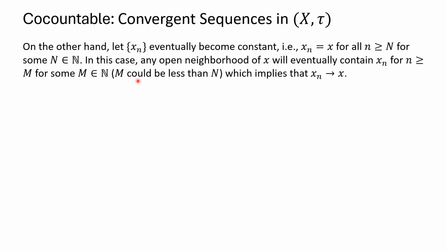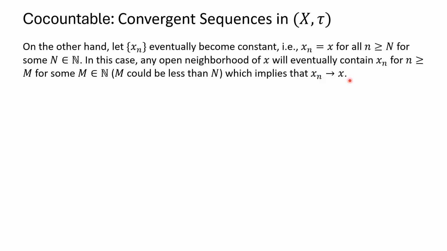On the other hand, if x sub n eventually becomes constant, in other words, x sub n equals x for all n greater than N for some N in the natural numbers, the positive whole numbers, then any neighborhood of x will eventually contain x sub n for n greater than some capital M, where M is again a natural number. M could be less than this N up here, which implies by our definition of convergence that x sub n converges to x.